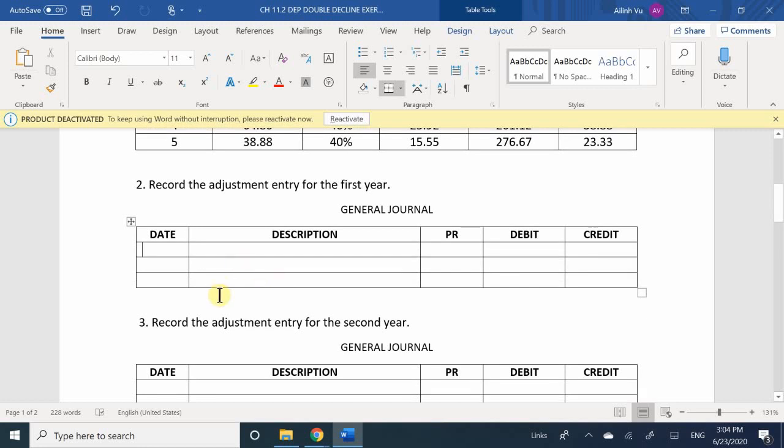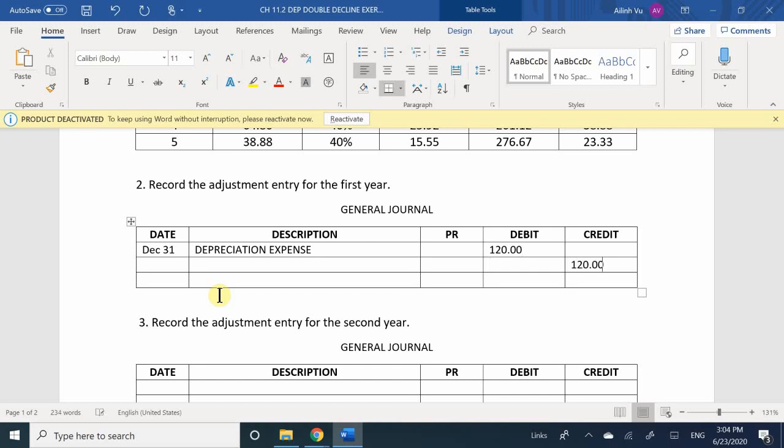So here, I'm going to assume that depreciations usually end on December 31st. So here I'm going to write depreciation expense for $120, which is correct.